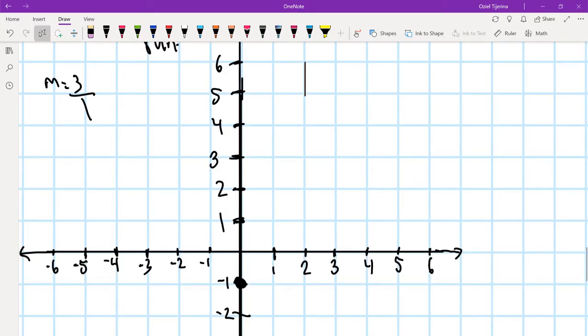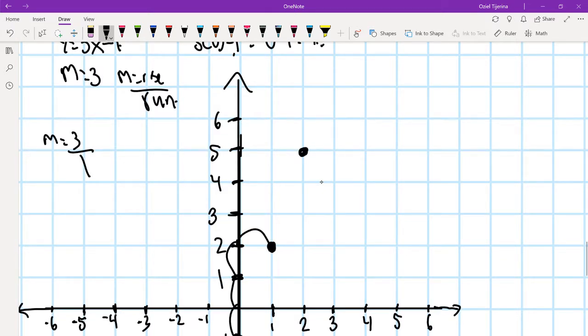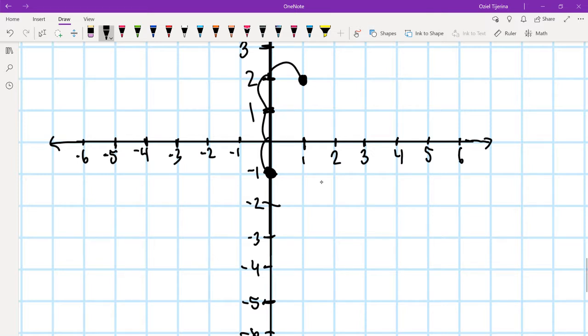So you would say 1, 2, 3, 1, and then again 1, 2, 3, 1, and then obviously it's already done with that part, so you would do it for this part.